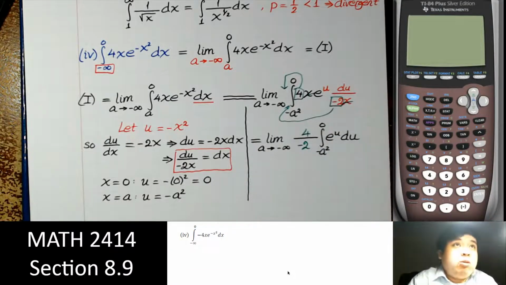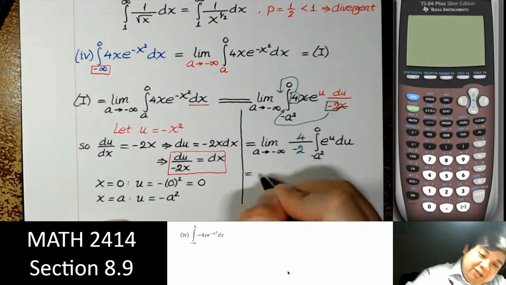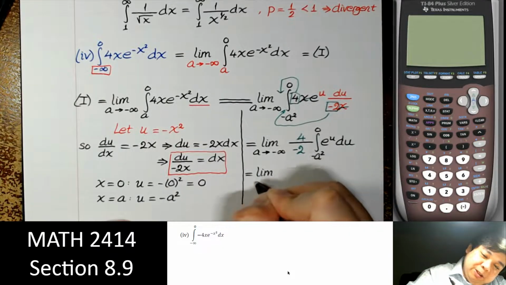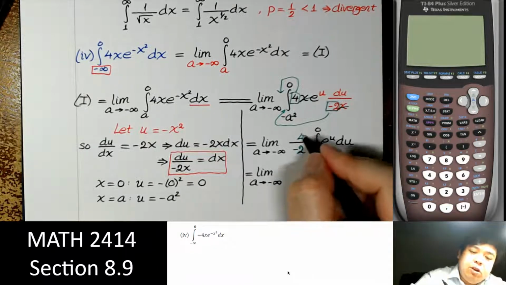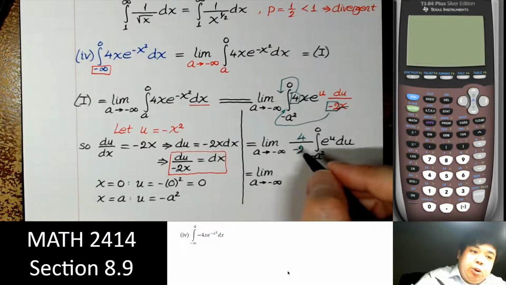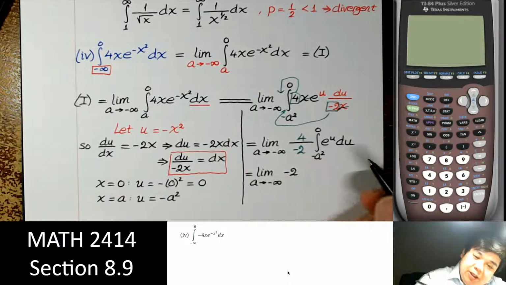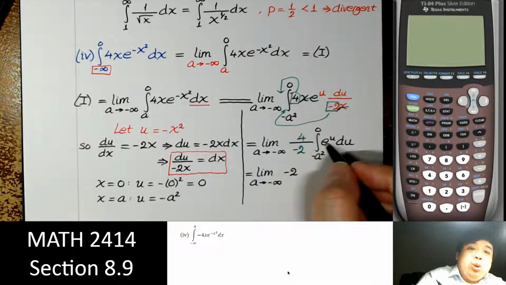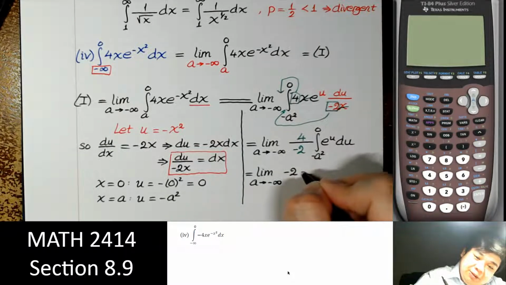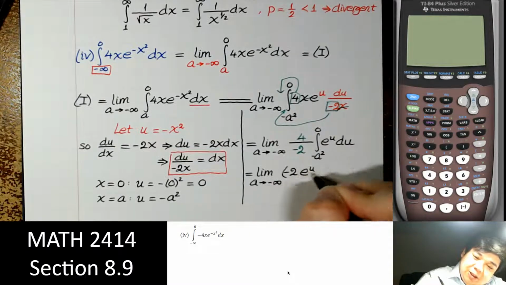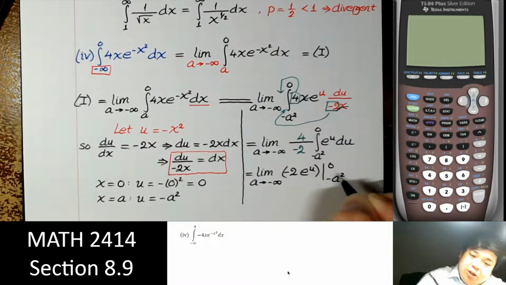Right, so now it's easy. 4 over negative 2 is negative 2. The integral of e to the u is just e to the u. Go from negative a squared to 0.